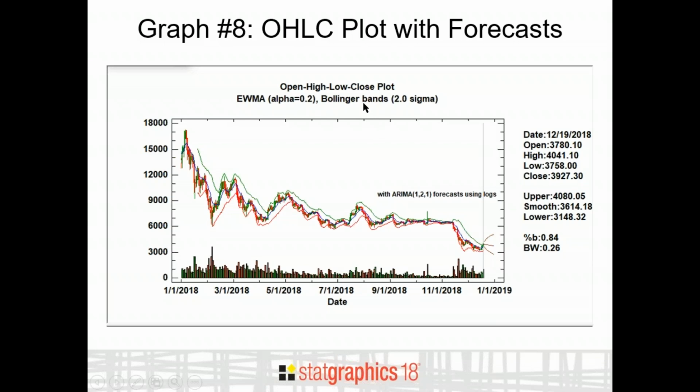Bollinger Bands are created by estimating the standard deviation using a moving average. We then basically take that moving average estimate of sigma and plot from the EWMA plus and minus, in this case, 2 times that estimated sigma.